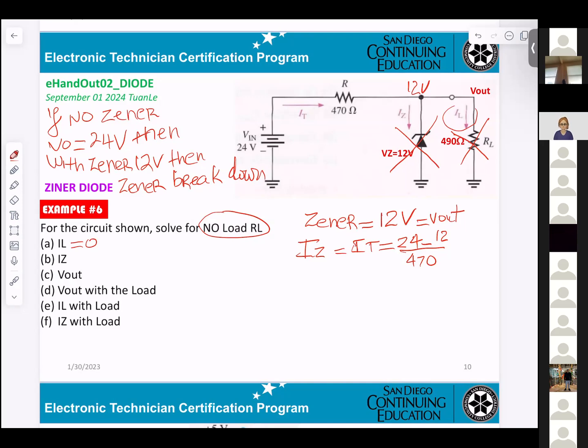You see, they say no load, then it's zero, because there's no load. That means the current flowing here. And VR we already calculated. IZ I also calculated.